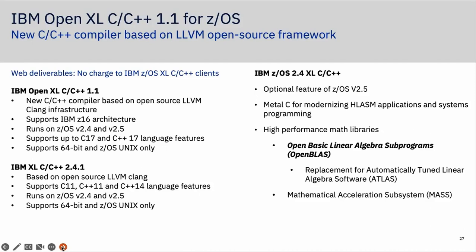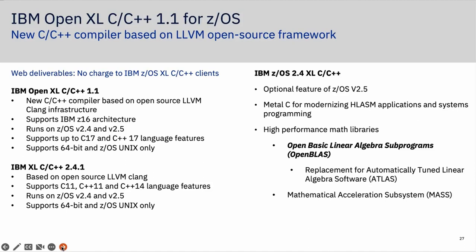The old compiler that's in the operating system is purely an IBM technology, but as we know, it's very hard to keep up with the language standards and all that, so we decided to base our product on LLVM Clang technology as a framework for our C++, so that we can concentrate on doing the optimization part to bring you the best value on the platform.